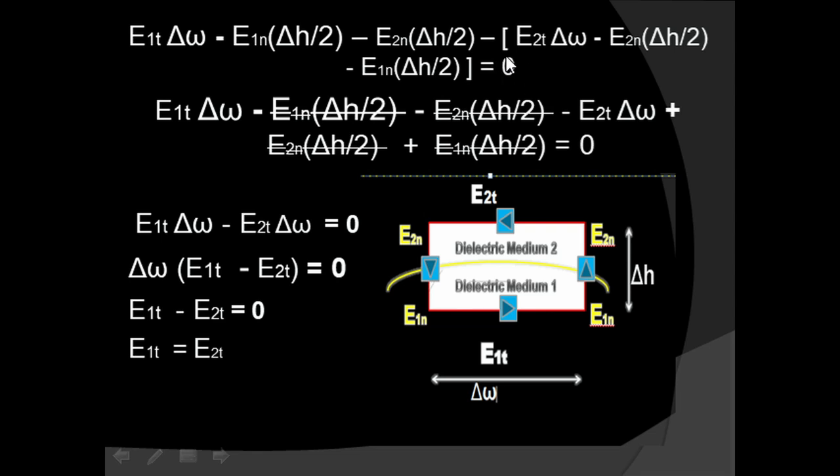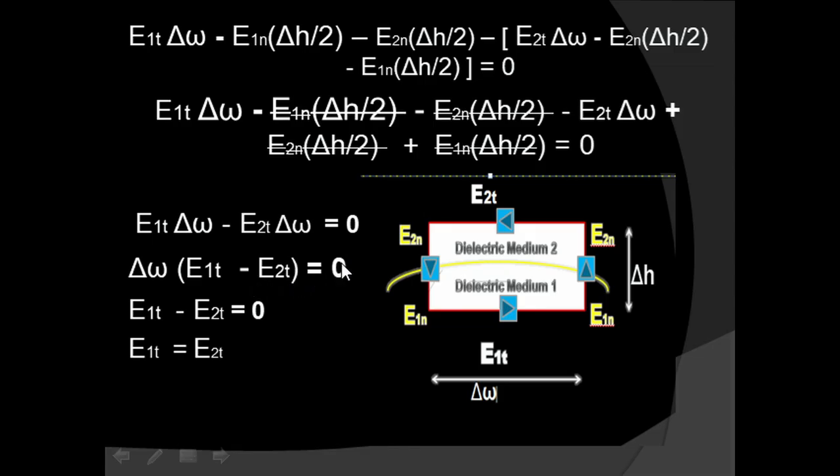The second term and the sixth term will be cancelled. Then the third term and the fourth term will be cancelled. Then the equation becomes E1t del omega minus E2t del omega equals 0. Then we take del omega as common, so the equation becomes del omega into (E1t minus E2t) equals 0.